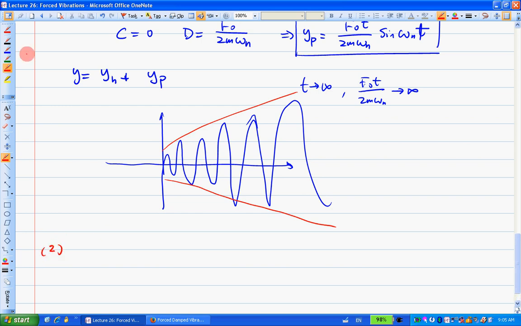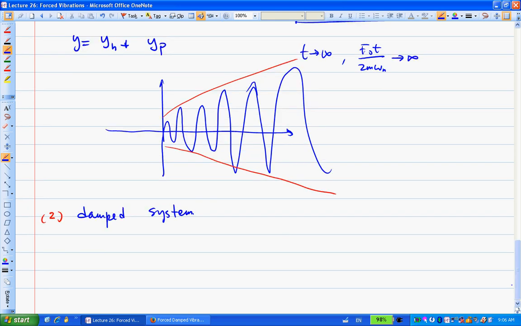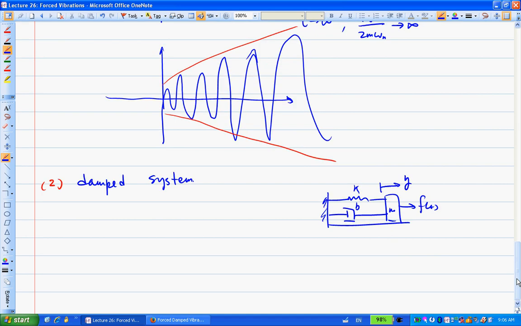Okay. So this is the case when you have what we call this undamped system, right? Undamped system. So the second one here is a damped system. So for the damped system, the good part is you have damping. Okay, when you have damping in the system, then you would never have this situation of instability.